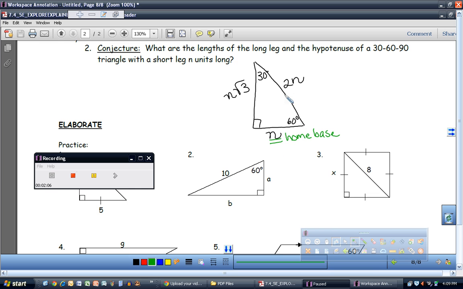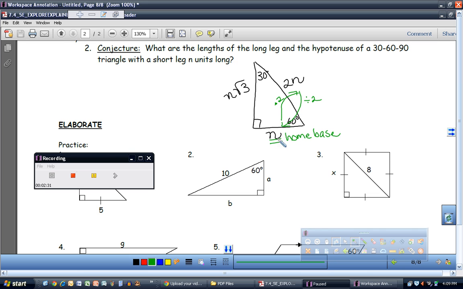Because it's easy to go from your long leg to your short leg and your hypotenuse to your short leg. It's difficult sometimes to go from the hypotenuse to the long leg. But if you come back this way, all you're going to do is divide by 2. If you go this way, you are just going to multiply by 2.